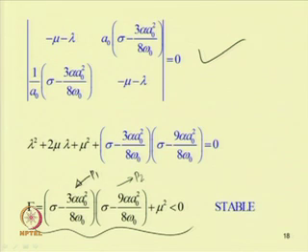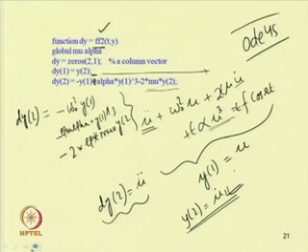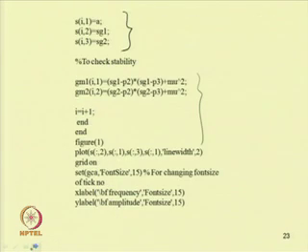So, p1 into p2 plus mu square should be less than 0. It is modified to p1 into p3 plus mu square, and in that way you can find it by checking this condition.